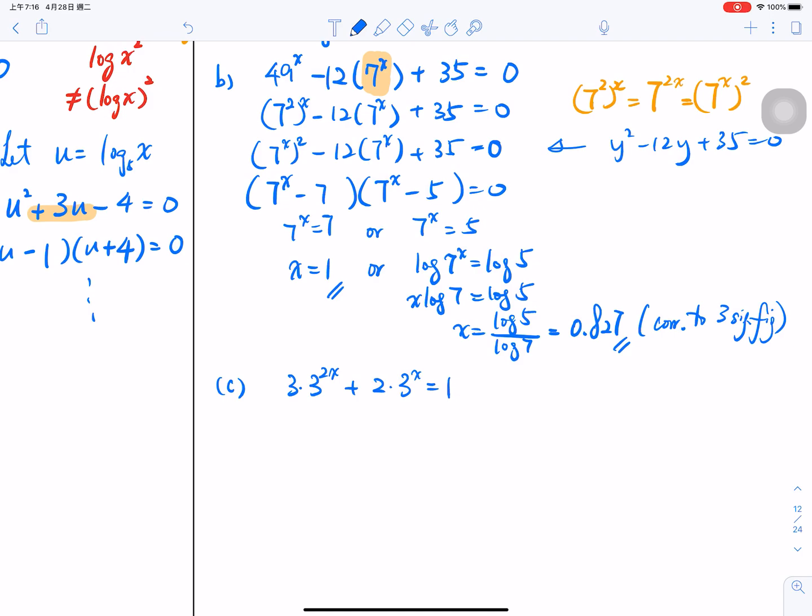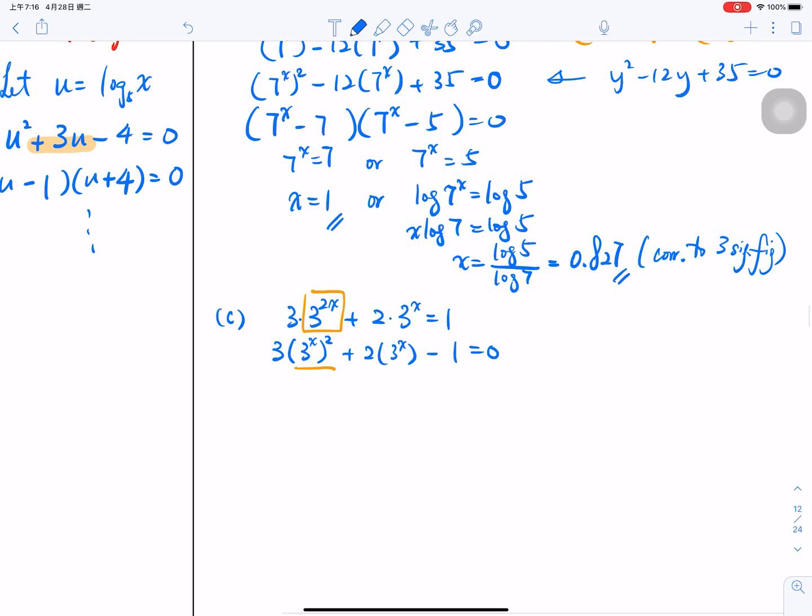If you think of it as a quadratic equation, then you need to move everything to the left-hand side, equals 0. So we write 3 times (3 to the power x) squared plus 2 times 3 to the power x minus 1 equals 0.